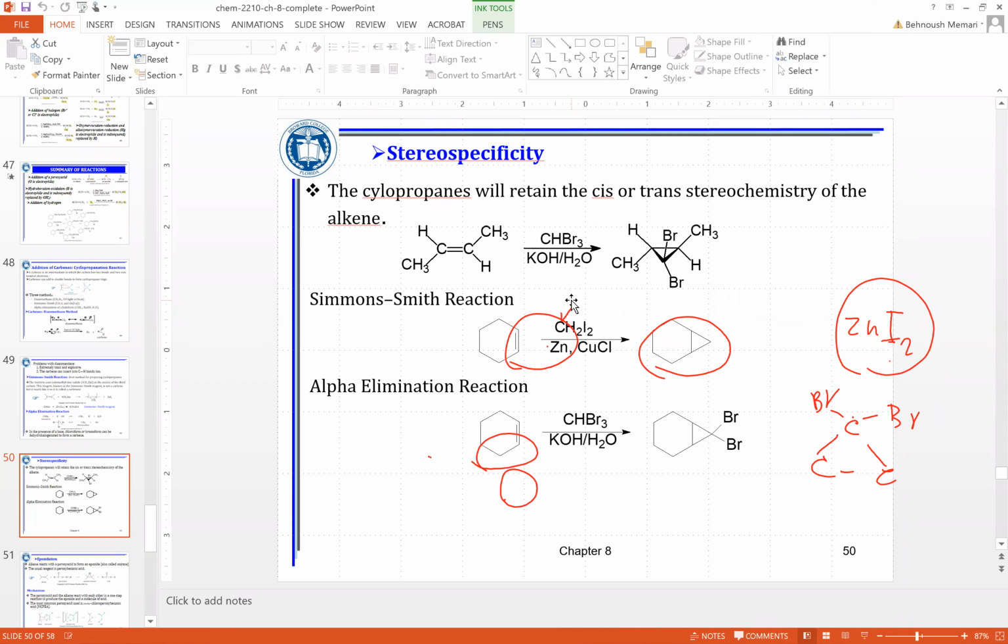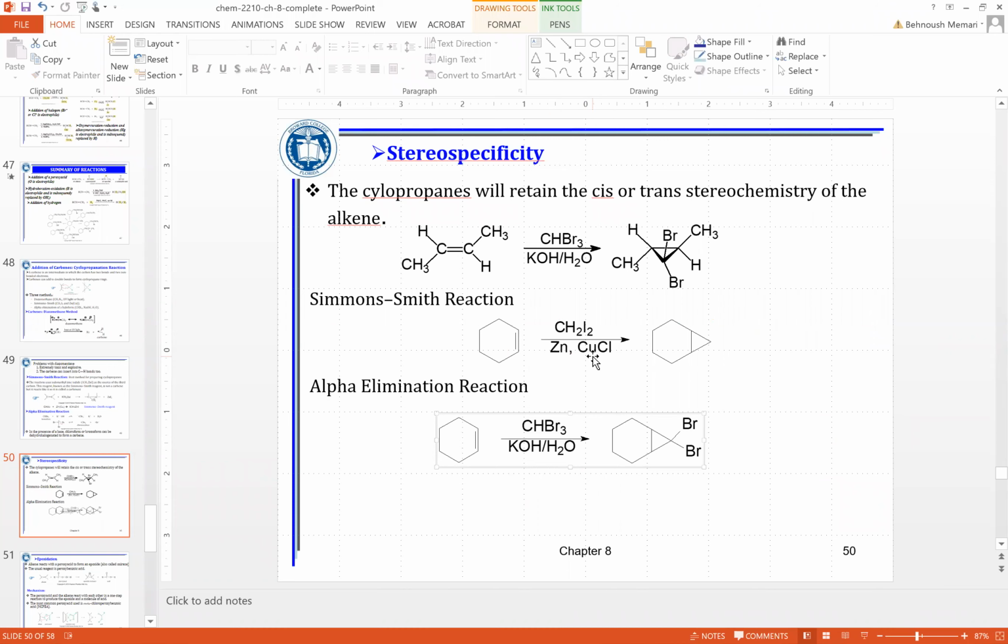Just know the reagents that you have for the alpha elimination. It's going to be bromoform, potassium hydroxide, water that is going to generate the dibromocarbene.